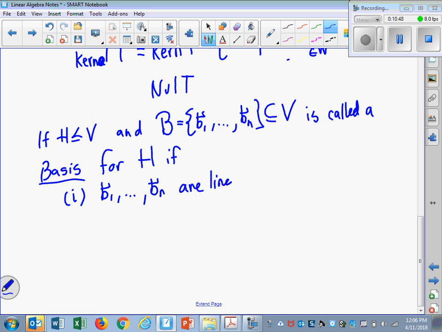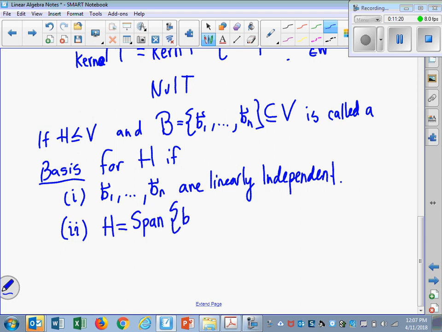The second thing is that b1 through bn must span the subspace H. So in order to be a basis for H, you have to span that space. We'll say H is equal to the span of b1 through bn, which means H is all possible linear combinations of b1 through bn.